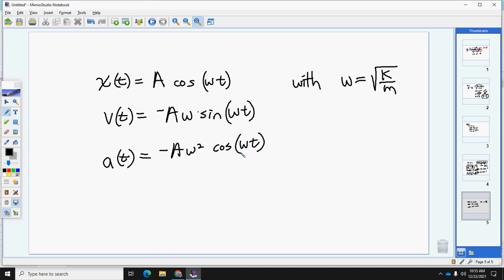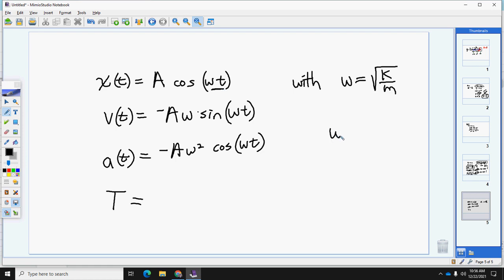So I have three describing formulas that tell us exactly what that mass on a spring is going to be doing. And the fourth and final formula you need to know is the period of the motion. Now we know that when omega t is equal to 2 pi, the cosine function went through one complete cycle. And when it goes through one complete cycle, that's when the lowercase t equals the capital T, the period.